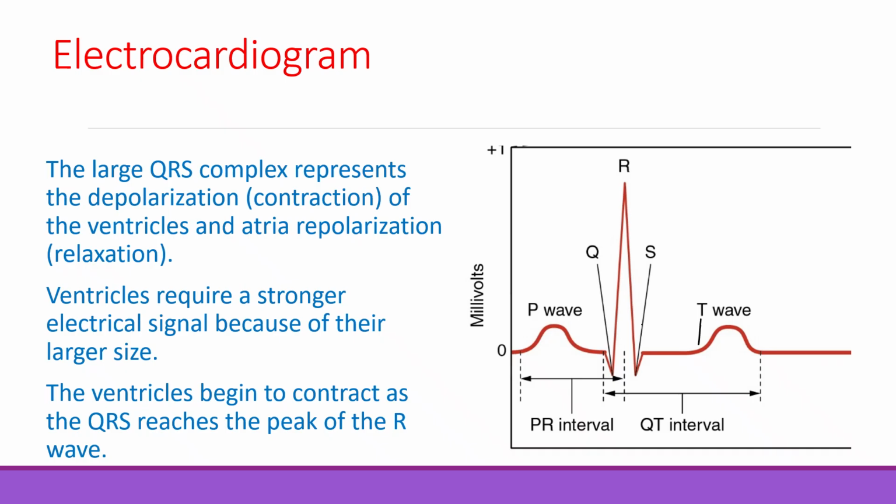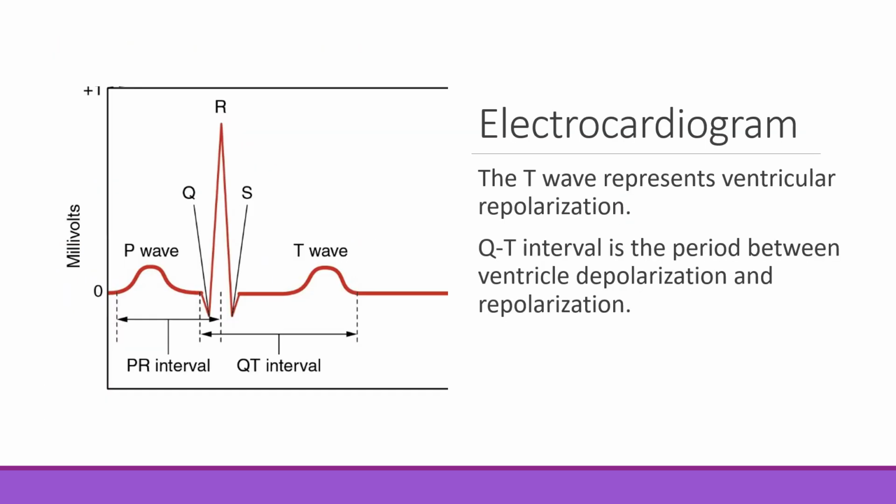The ventricles begin to contract as the QRS reaches the peak of the R portion of it. So you can see QRS. Q is down at the bottom, at the base. R is a spike, and then S is back when it returns. The T wave represents ventricular repolarization. So repolarization and relaxation mean the same thing.